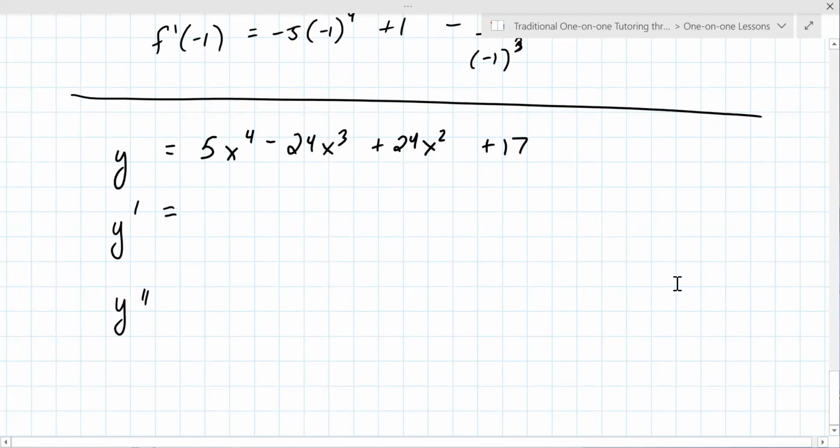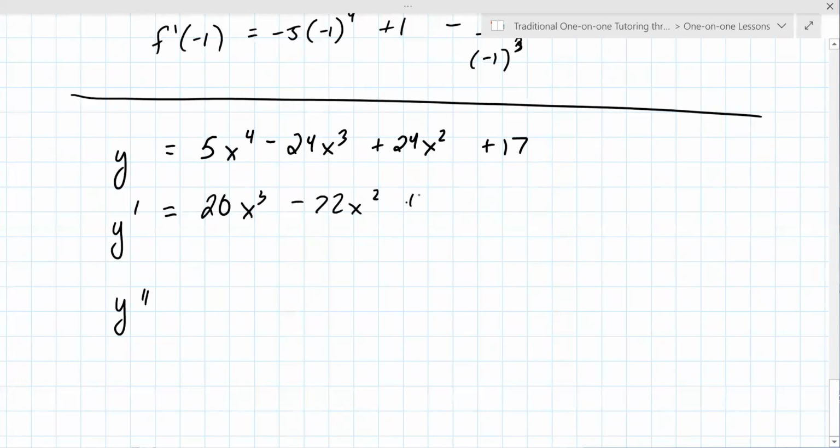So it's 20x, 72x. So the first derivative is 20x cubed minus 72x squared plus 48x.